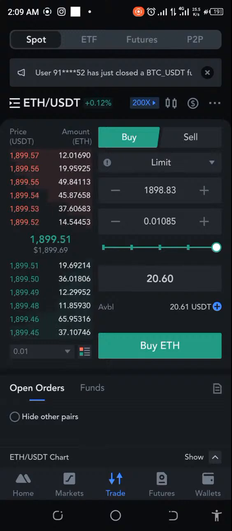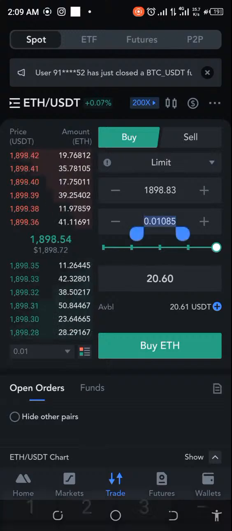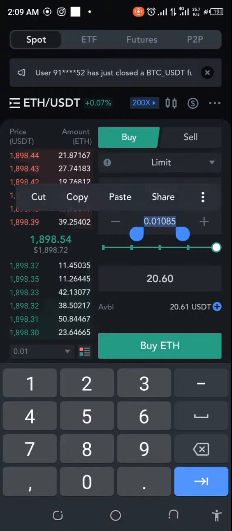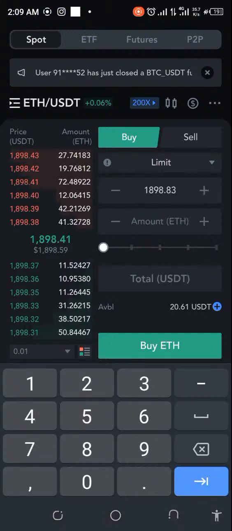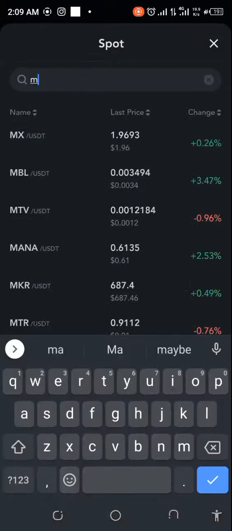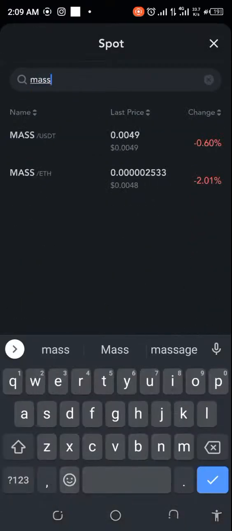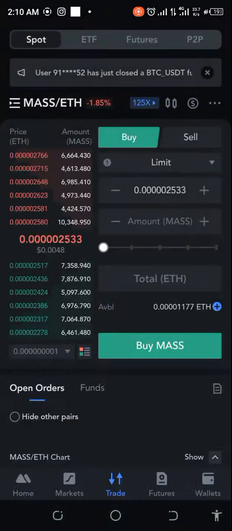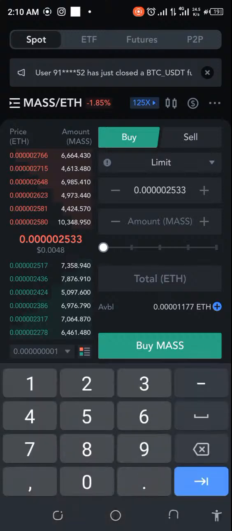That's fine. So let's just copy that, and then go over to MASS/ETH, because ETH happens to be the lower pair. So then we'll go over to just paste this in the ETH segment, and let's see. Let's paste that here.